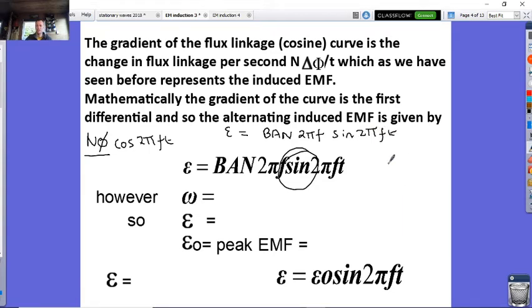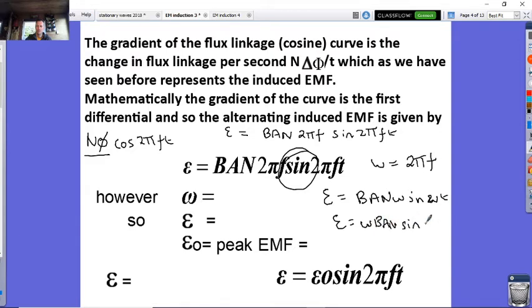It all looks very messy, therefore we say the angular frequency is 2 pi f. So the EMF then is going to be BAN omega sine omega t. Sometimes it's written out as omega BAN, and then you've got your sine omega t.